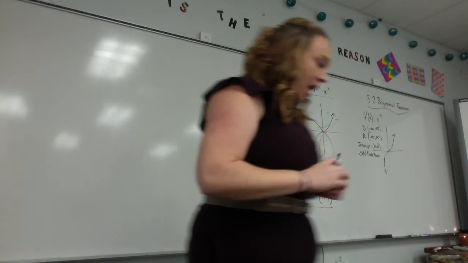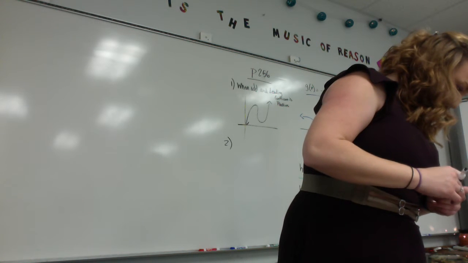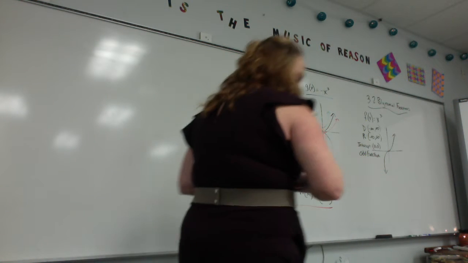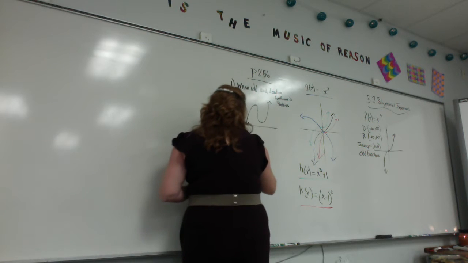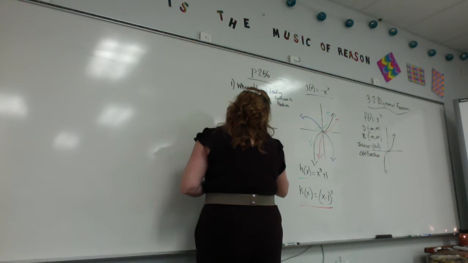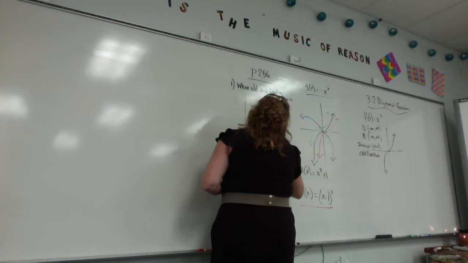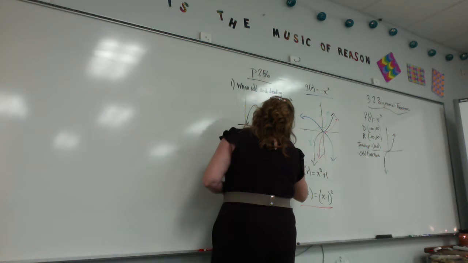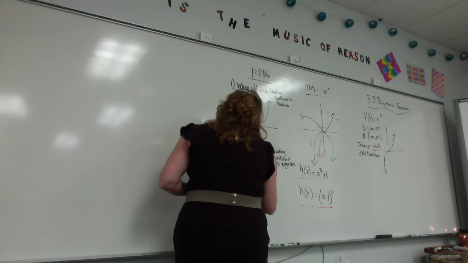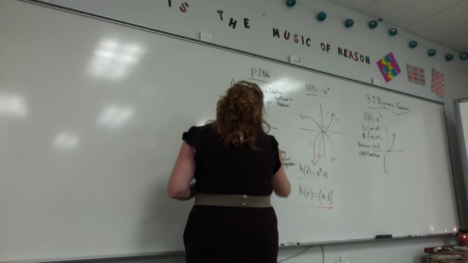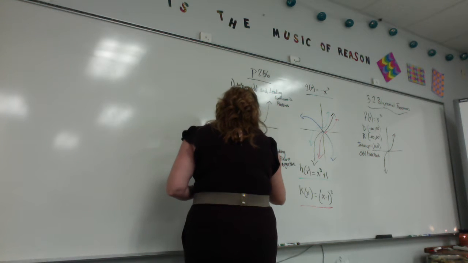When I have an odd power and the leading coefficient is negative, it's going to face the opposite way. So instead of being like an N like this, it's going to come this way.